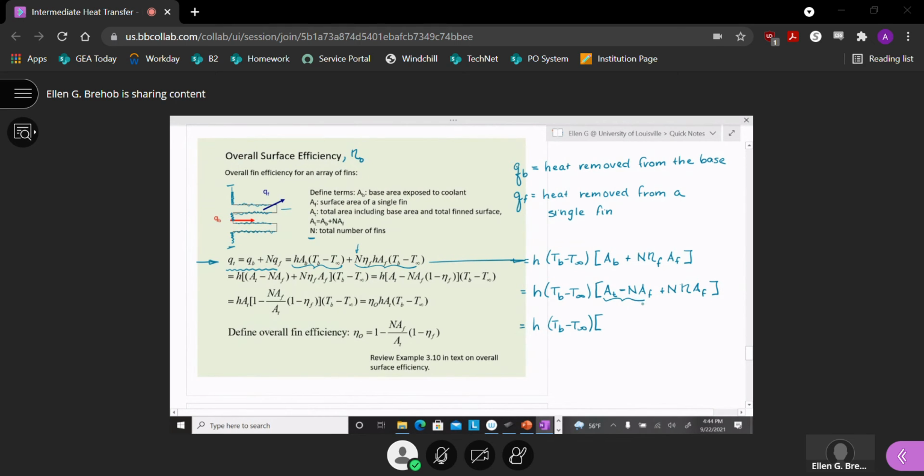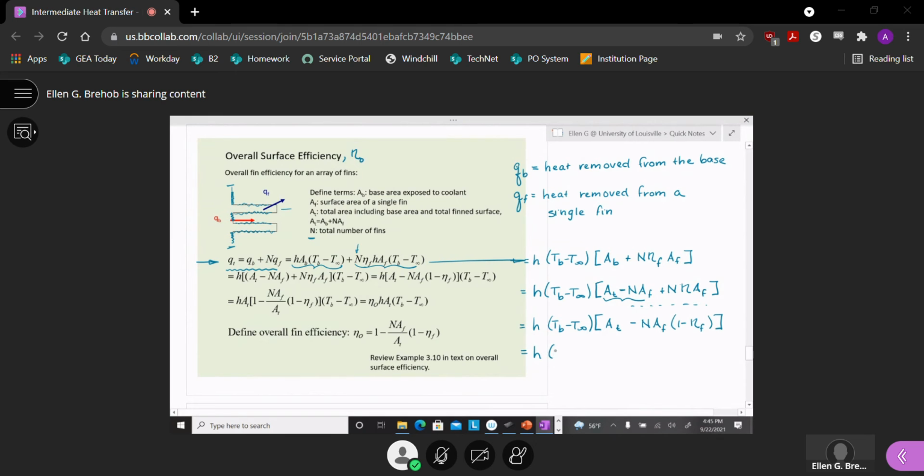Now I can combine this part together. So total area and, okay, and we're nearly there.